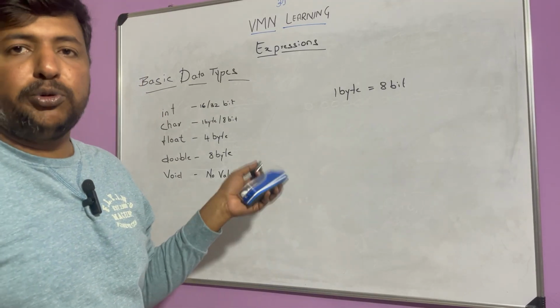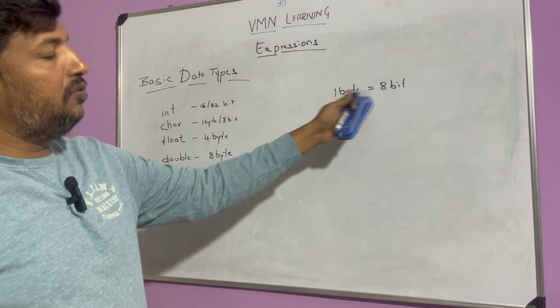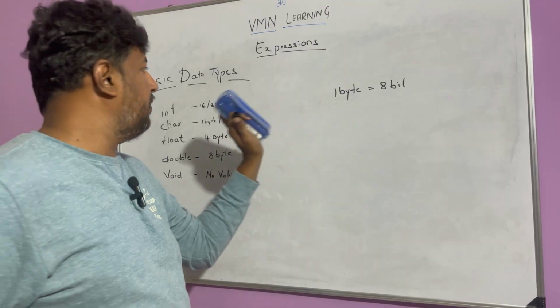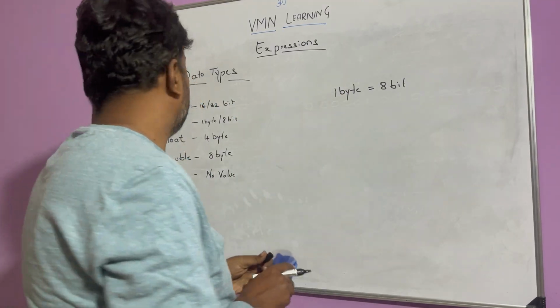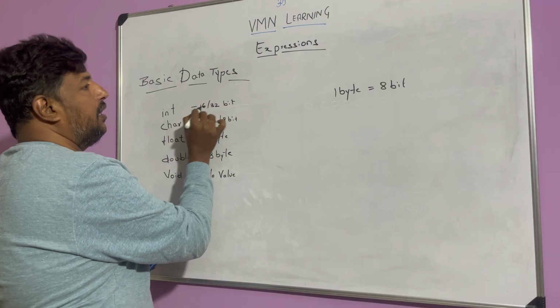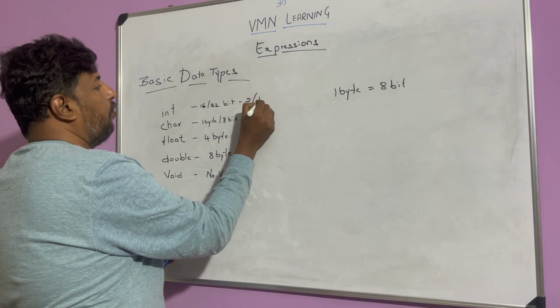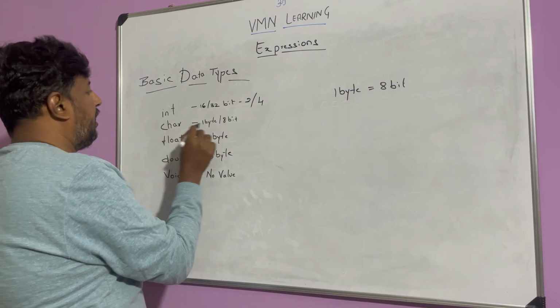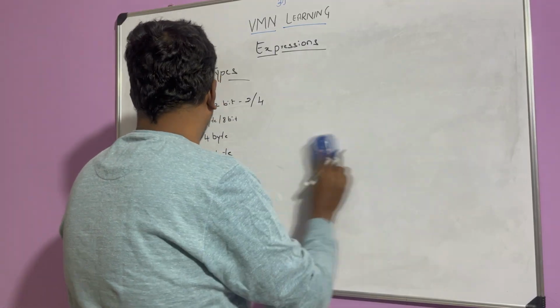If you study microprocessors or any processor, this will be handy, but as a programmer we just have to remember what is actually happening. So a 16-bit int will be 2 bytes, and a 32-bit int will be 4 bytes. Character will be only 1 byte. Now, 1 byte characters.